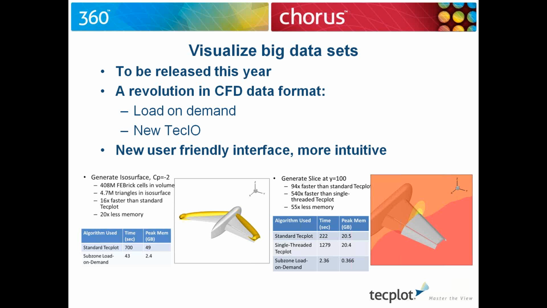You specify at the beginning, when you load your data, that you want to look at that slice, and it basically loads only the slice. And well, all your data is there, so you can move it, for example, and it will load another slice. But it allows Tecplot to cut down significantly on time to load data and memory usage.